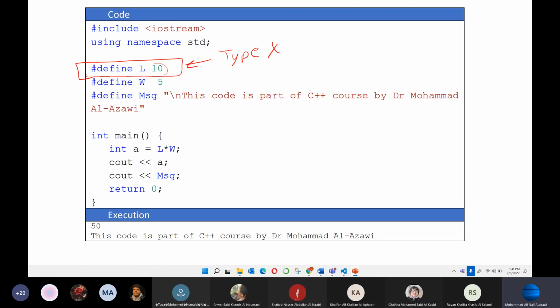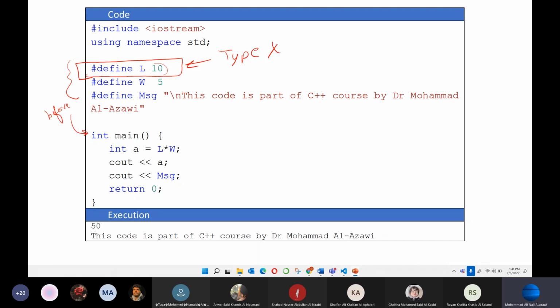Then you can use them directly. Remember, these come before the main function. This is very important to notice: the definition of constants should come before the main function.